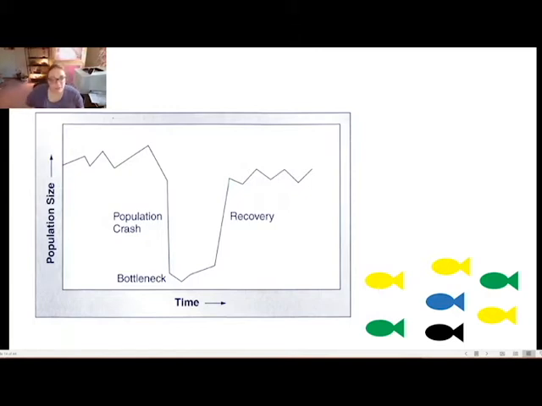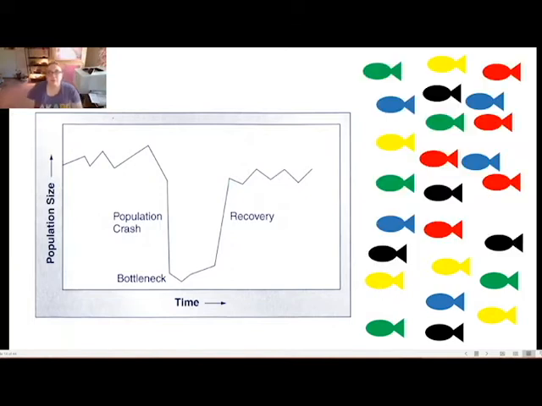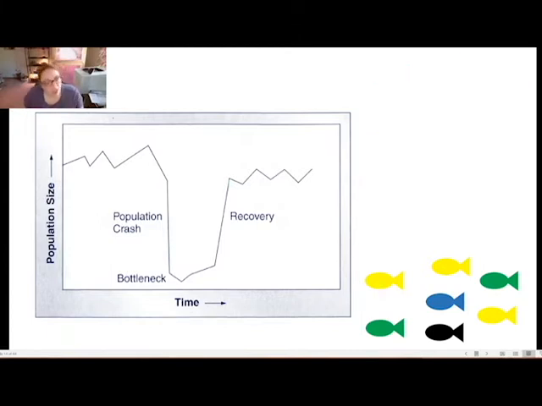Think about, do the fish represent all of the alleles in the same proportion as the original population? So you'll remember the original population had 5 of each thing, so they were about 5 of each color, so they were about 20% of each color.